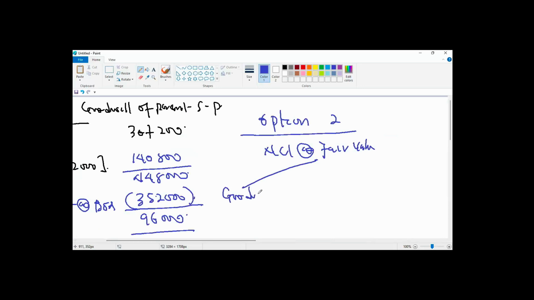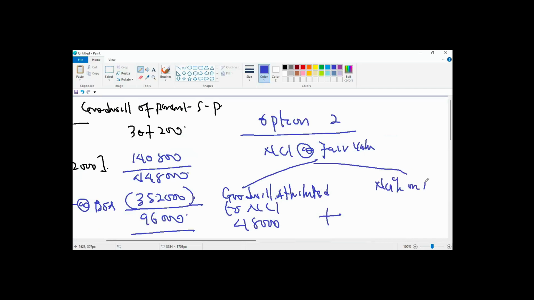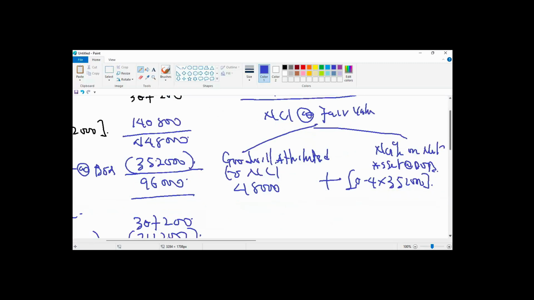Because when it is fair value, NCI is entitled to goodwill and also entitled to net asset. The goodwill attributed to NCI, which is 48,000, plus NCI percentage on net assets at the date of acquisition, which is 0.4 times 352. 0.4 times 352 will give me 140,800.